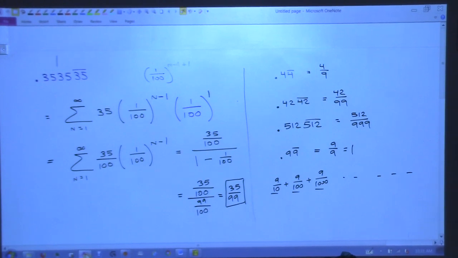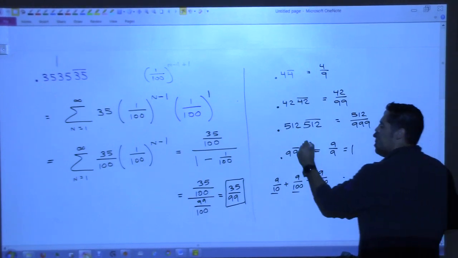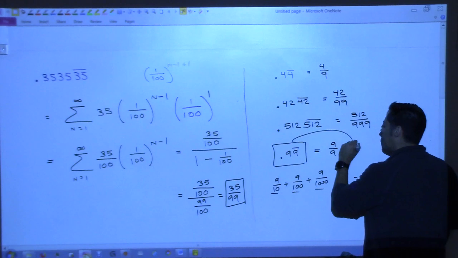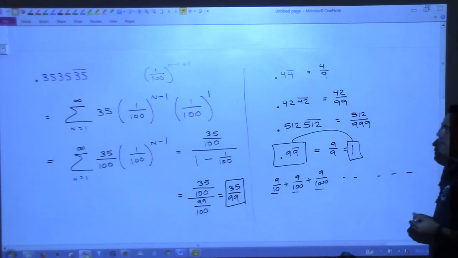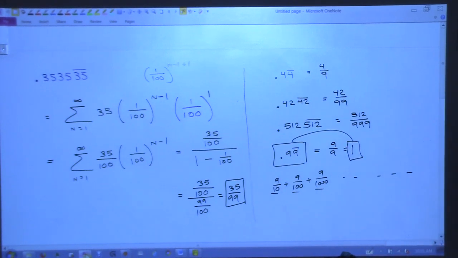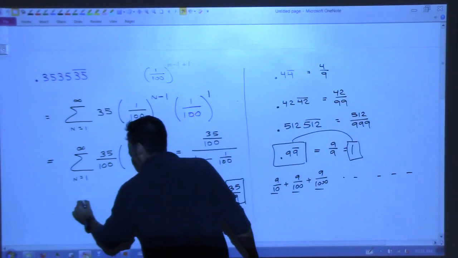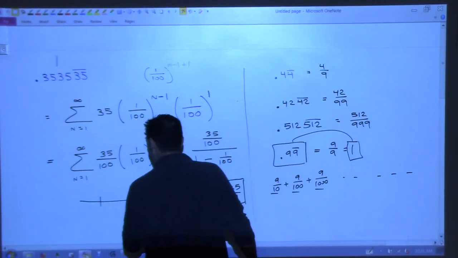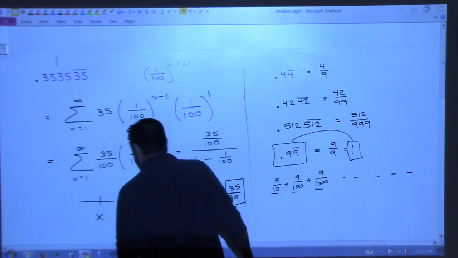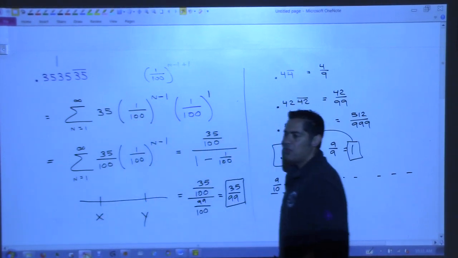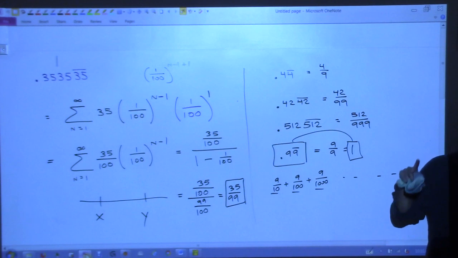The reason why you have to say that this number is 1 is because you can't find a number between them. Look, do you agree with this statement? Let's say I have a number line, and two numbers, x and y. Let's say those two numbers are different numbers. They are not the same numbers.